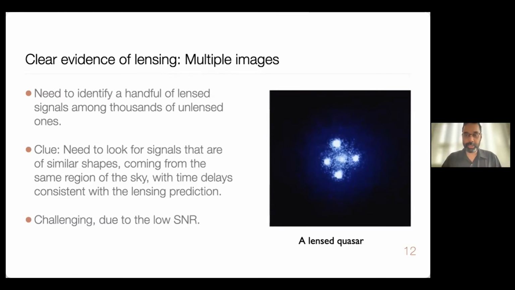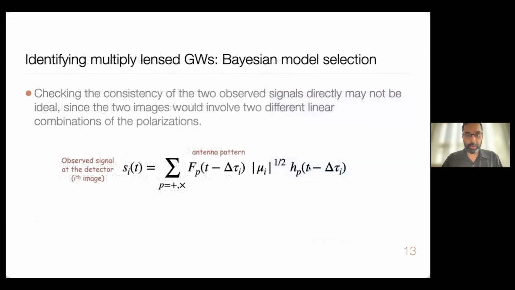This is challenging because of the low signal-to-noise ratios. Checking the consistency of the two observed signals directly may not be ideal, since the two images would involve two different linear combinations of polarizations.